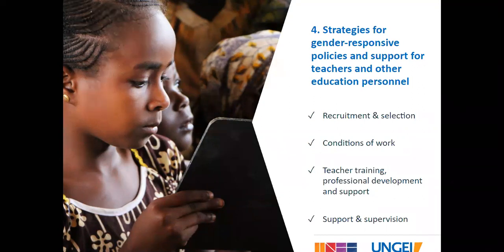Qualified teachers can be in short supply in an emergency setting and may have limited training and may bring their own gender biases and tolerances of GBV, as well as psychosocial concerns.